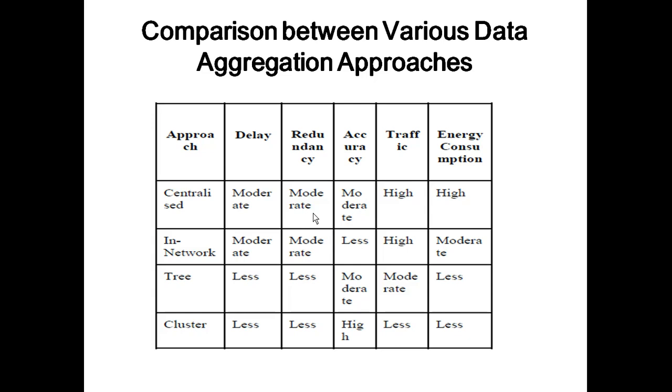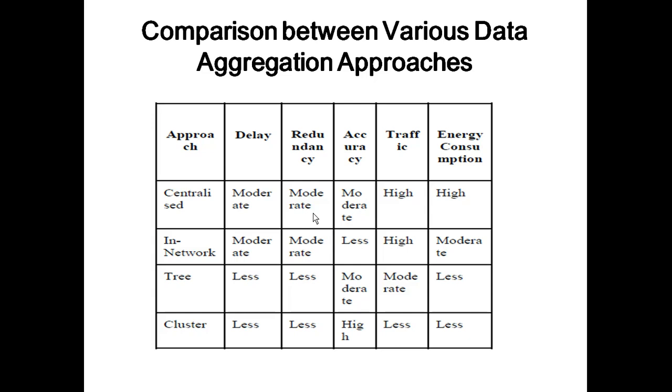The next parameter is traffic, and next is the energy consumption. The traffic is very high, as we can see. If you don't remember, let me just show you. This is how the centralized data aggregation approach looks.